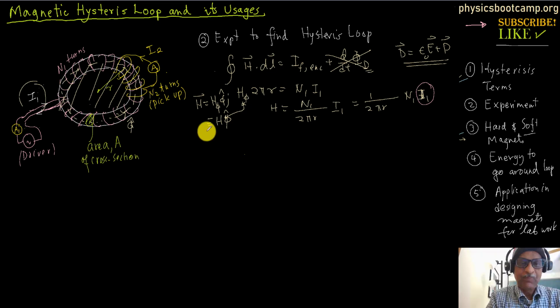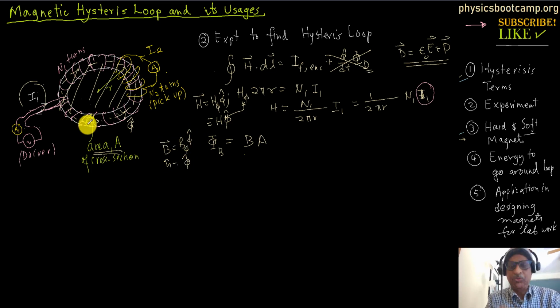So if I look at the flux phi B that's going in here, this has to change. Phi B is equal to, say, the magnetic field is B and the area of cross section is A. Actually this is in the same direction, so B is B phi hat, and the normal direction is also phi hat.